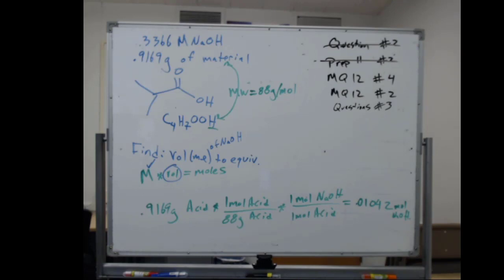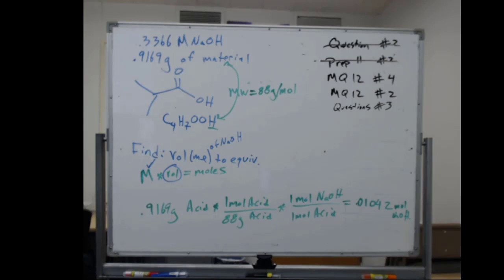But we could ask that question of what is it to the second equivalence point, what is it to the third equivalence point, and it's just changing that mole ratio. So that problem, we're in the process of adding that hint because it is vague, because that compound has more than one equivalence point when you're actually talking about polyprotic acids. But it's supposed to be the first equivalence point.